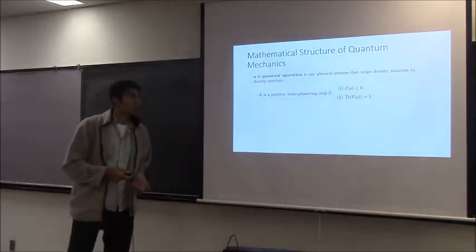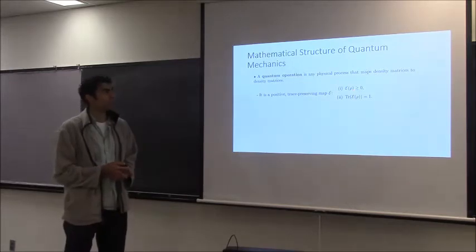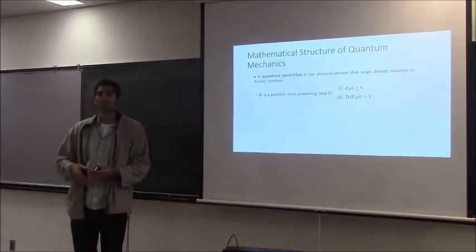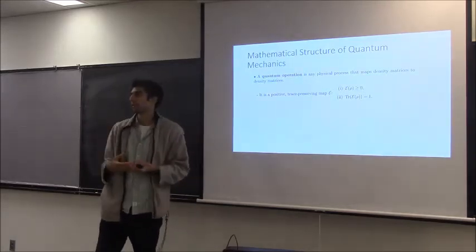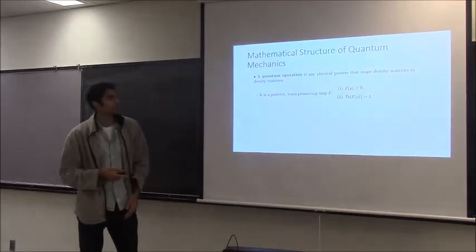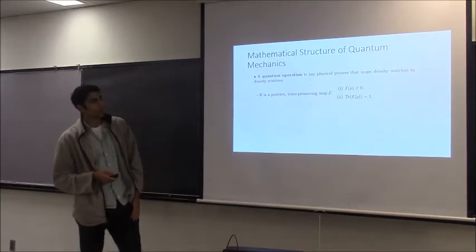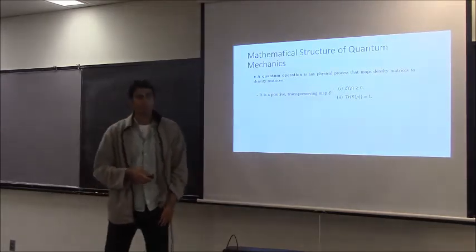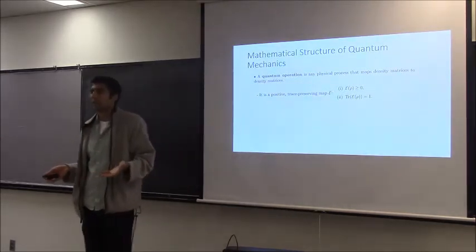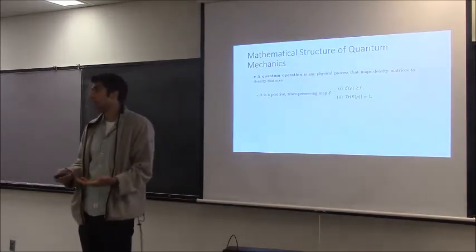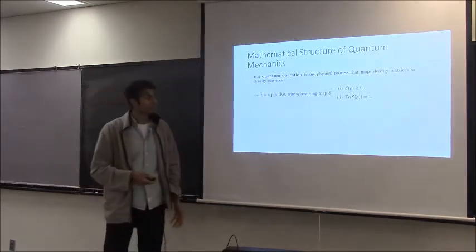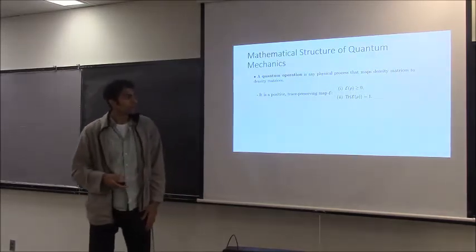Of course we should demand this, because if it's a physical process, then if we input a physical state, we should get out a physical state as well. That's the condition of positivity. It should also be trace preserving: if I put in a physical state and act on it, what I get out should be a physical state, and we know all physical states are trace 1 objects. So it should have these two properties.